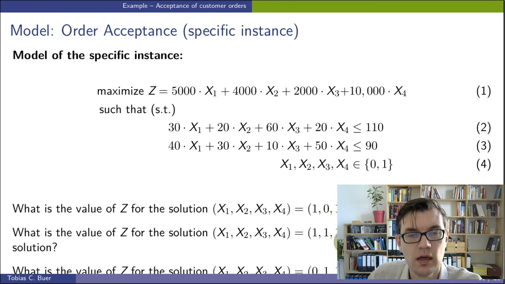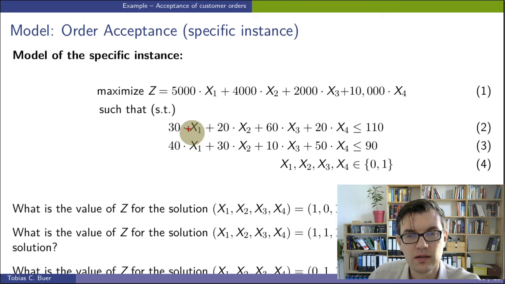Now, you can easily see that this solution, where we accept all 4 orders, has a higher goodness of the objective function because we accept all the orders. So we have 9,000, 11,000, 21,000 total contribution margin. This is clearly a better solution than the previous one. But what is wrong with this solution?